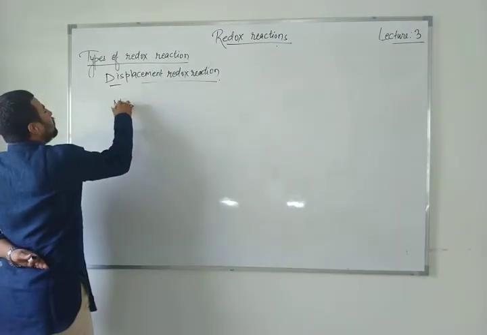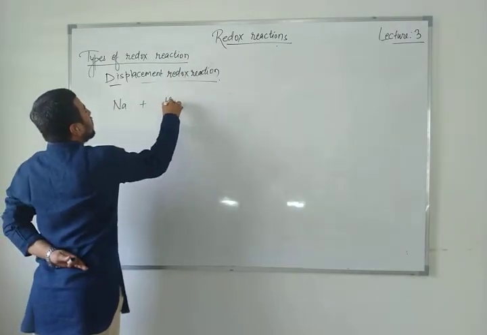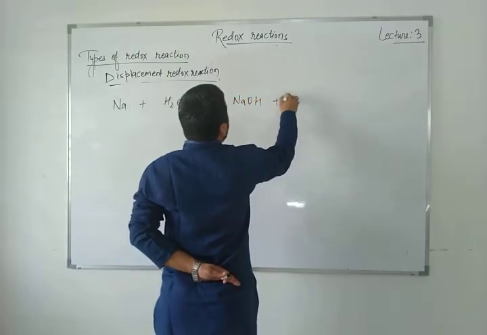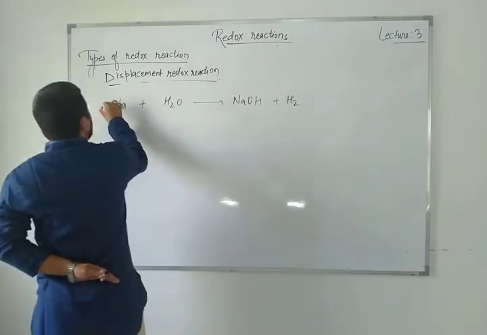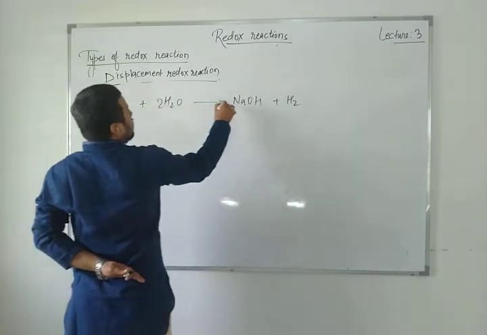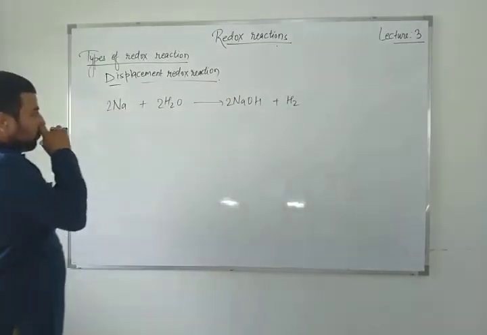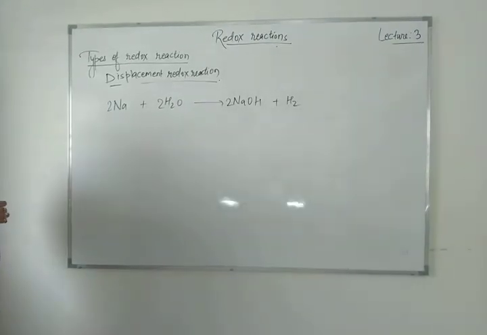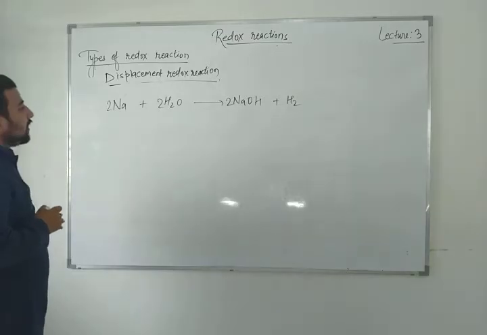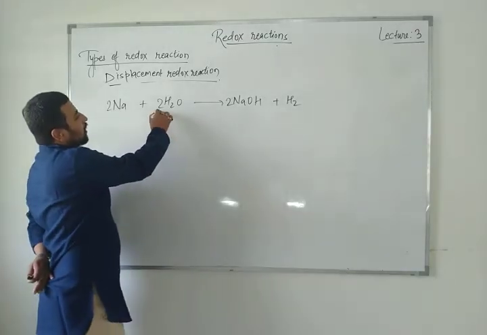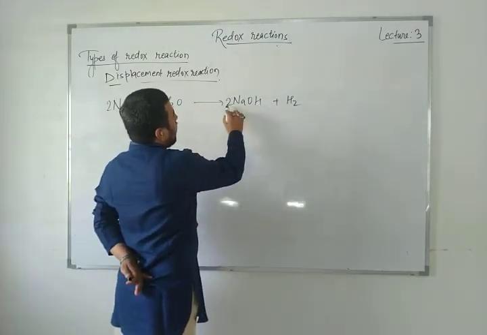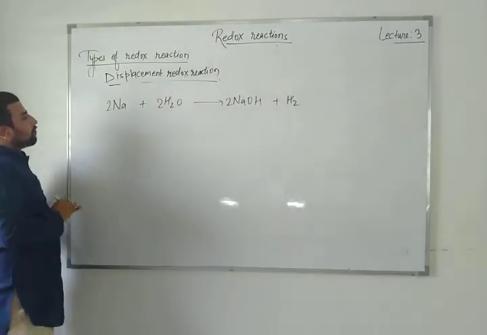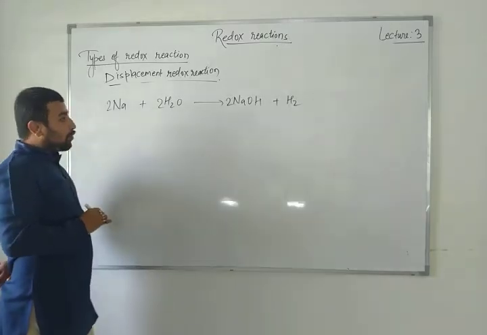Sodium plus water gives sodium hydroxide plus hydrogen. Is the reaction balanced? Definitely it is balanced. You can see here 4 hydrogen, 2 oxygen, 4 hydrogen, 2 oxygen, and 2 sodium, 2 sodium. Now tell me, one more question.